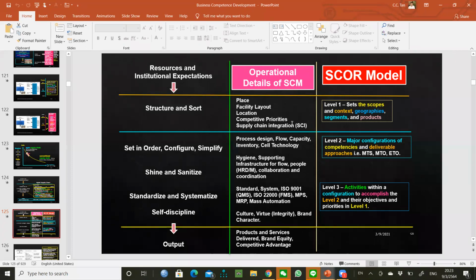So for startup, new ventures and entrepreneurship class students, or those entrepreneurs, you can use this simple input, process, output. Input is resources and institutional rules, both internal and external rules and regulations, internal in the sense of your expectation. Vision, mission is also part of your culture orientation, market orientation, entrepreneurial orientation.